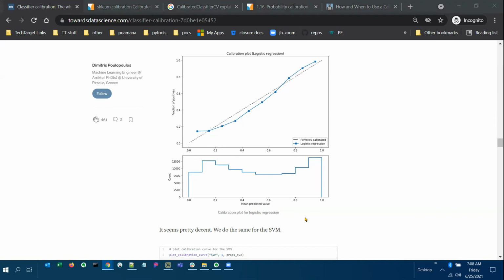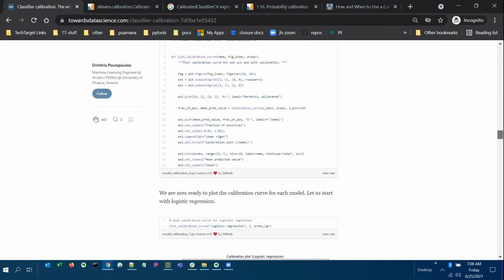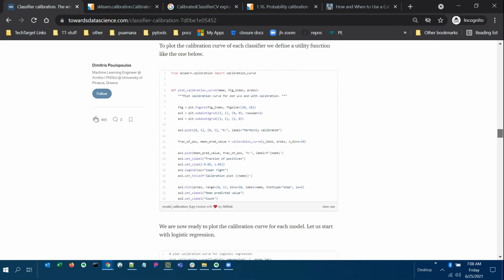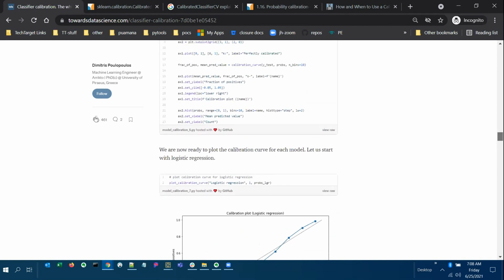So that's for a model that gives you a probability at the output. It gives you the answer, but also the probability. Well, this is a calibration plot, and they show you how you generate it here. The model is just a classifier; in this case it's a logistic regression classifier, like any classifier.